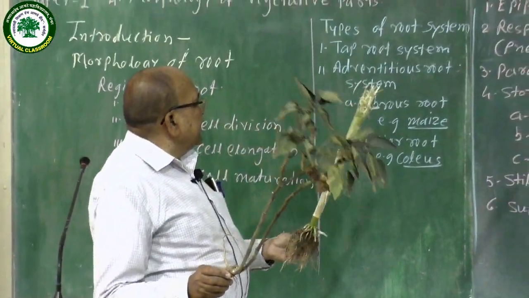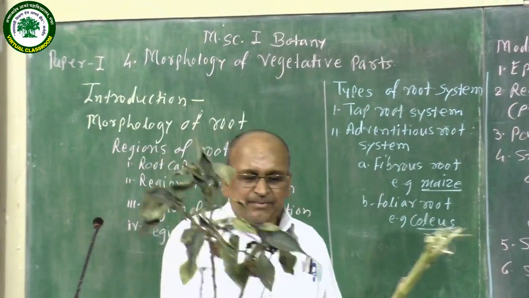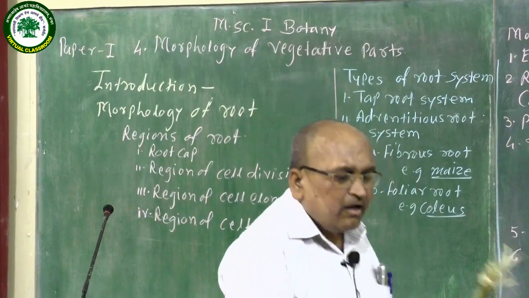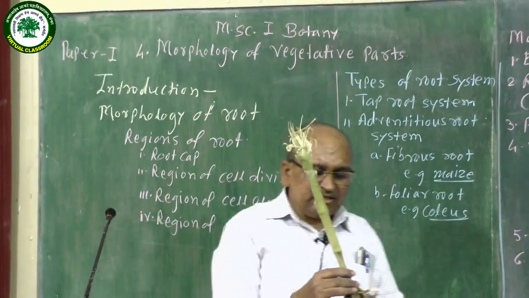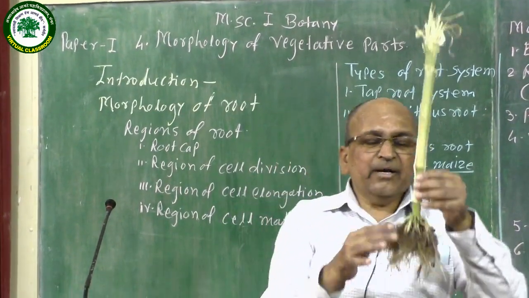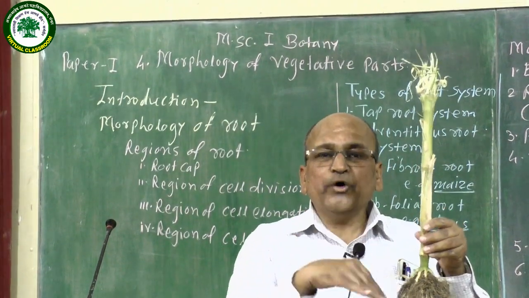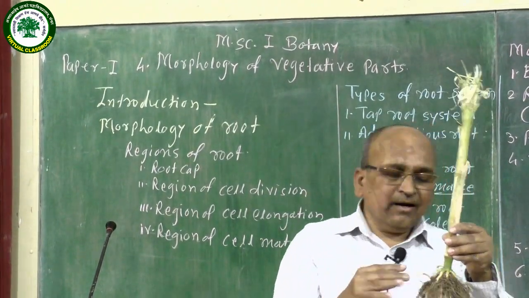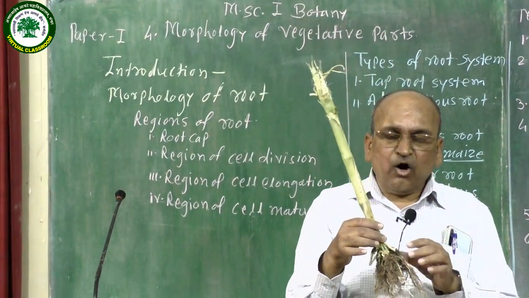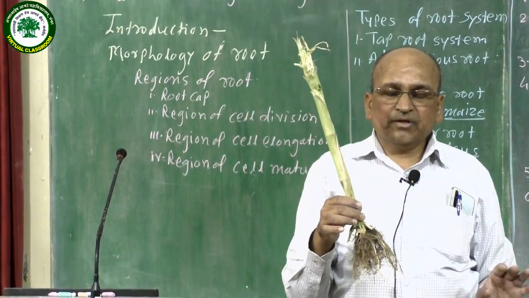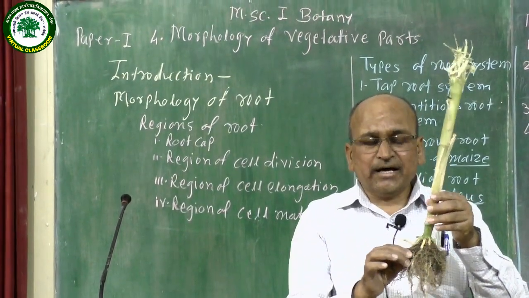Now in the adventitious root system, again there are two types. First one is the fibrous root system. In the fibrous root system, from the growing embryo, a number of roots are initiated other than the radicle part. Number of roots are developed.